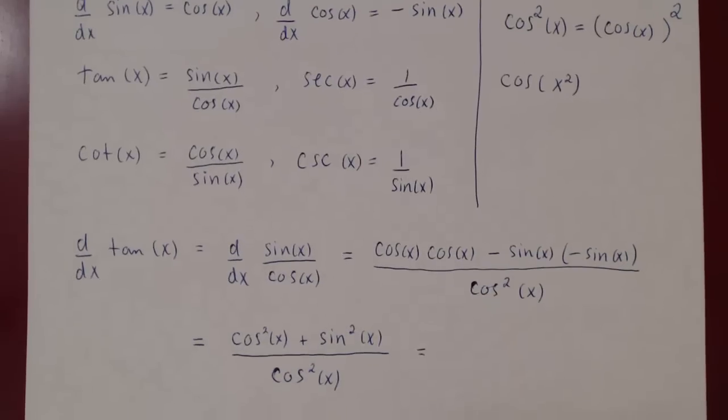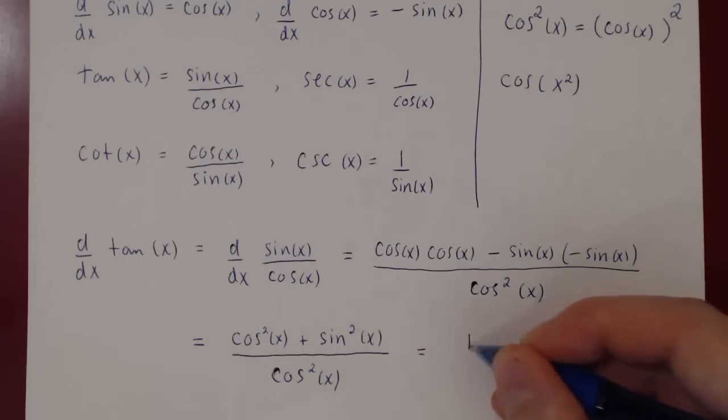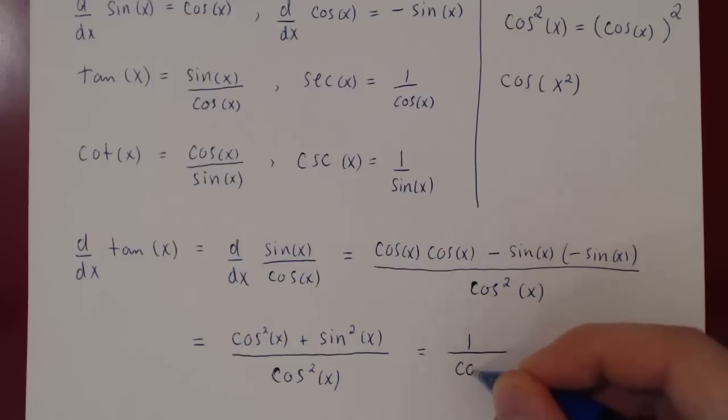And if you remember my Pythagoras' theorem, sine squared of x plus cos squared of x for any x is equal to 1. So we have 1 over cos squared of x.